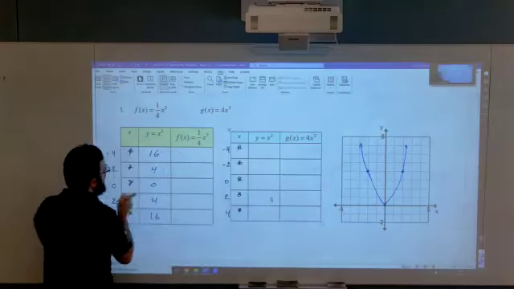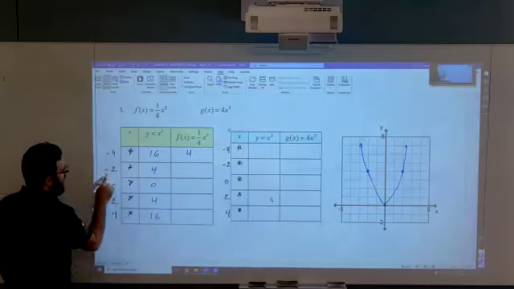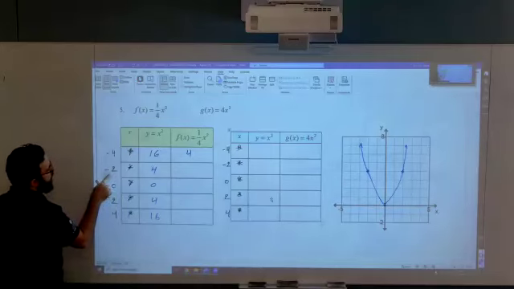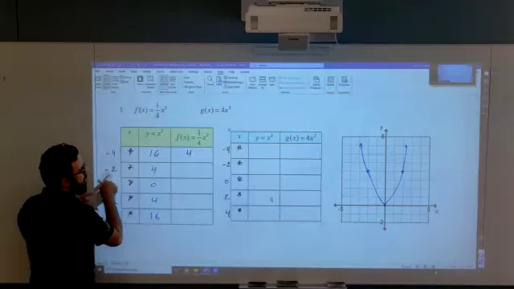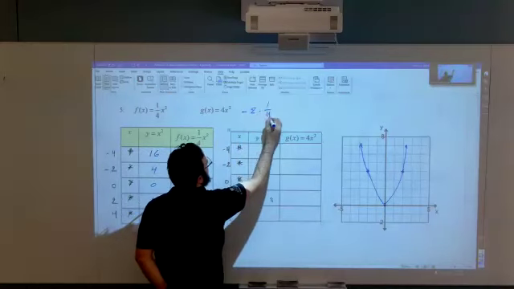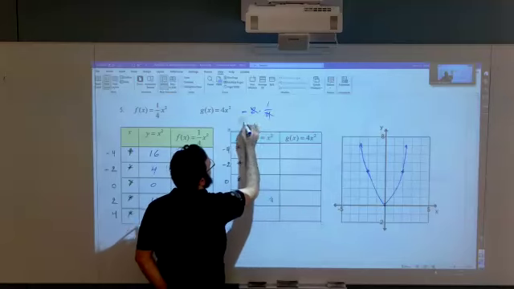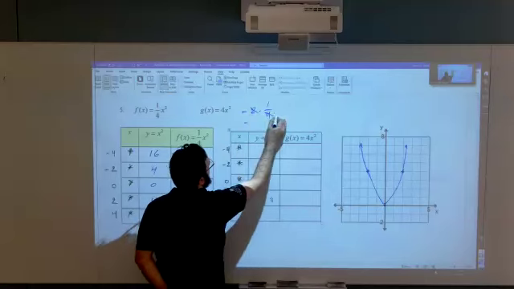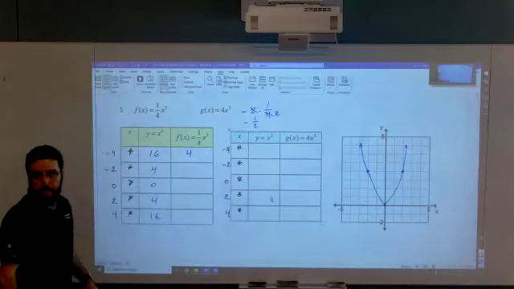So 16 times 1/4 is 4. -2 times 1/4, simplified, is going to be negative 1 over. You have to do the 4 times the 1/4.